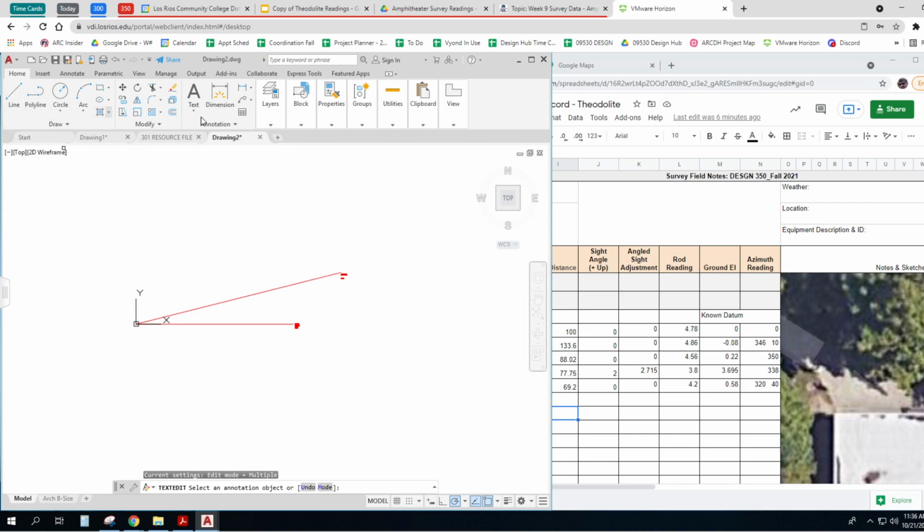Okay, let's get my next one in. Let's make sure I'm on the right layer. I am. So it's from where I'm at, 88.02 at an angle of 350.